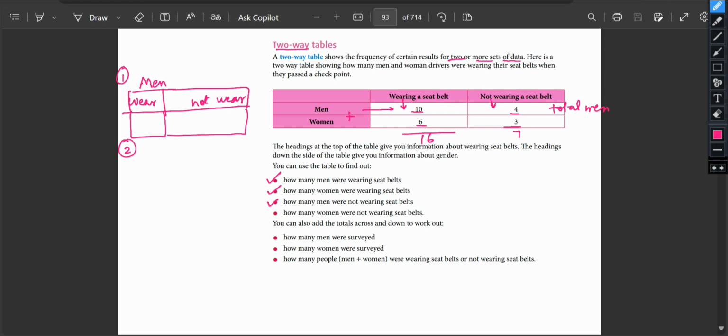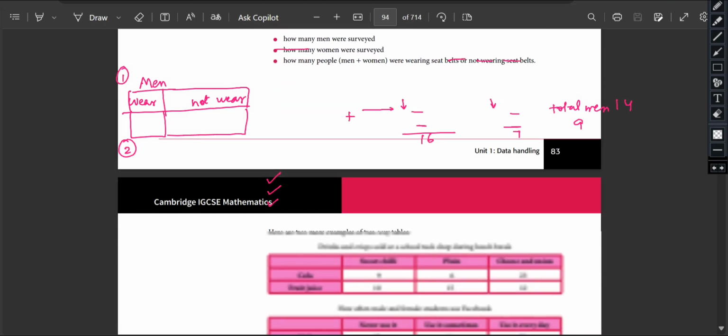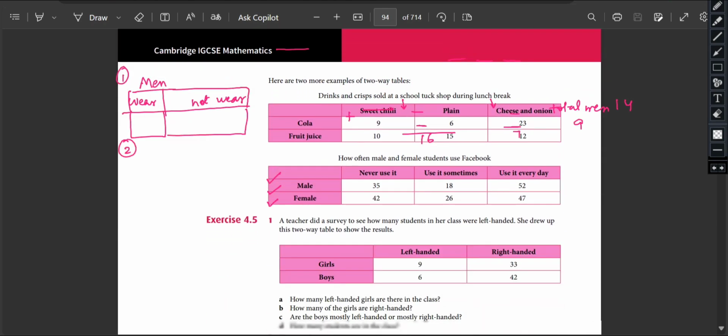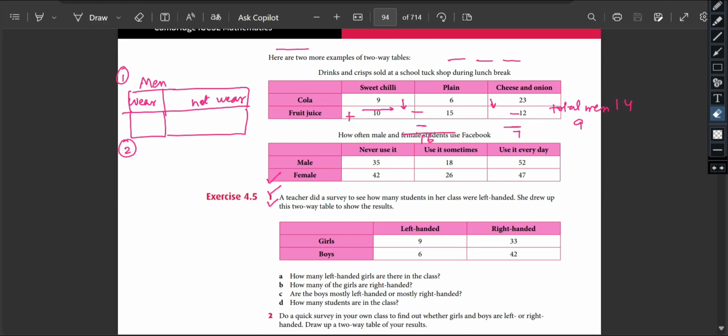There were total about 14 men, and for this we have a total about 9 women. This is how you can also get answers for different type of questions, right? Similarly, if we move downwards, let me erase this.